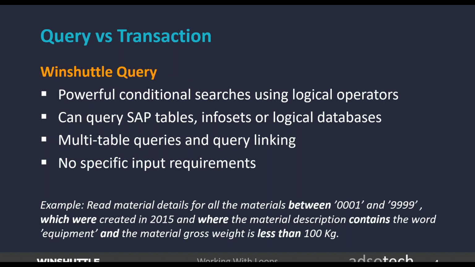Whereas with Winshuttle Query, you can build more complex queries, so you don't even have to know the actual material numbers.